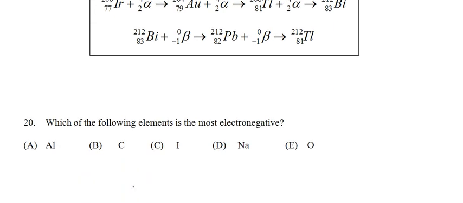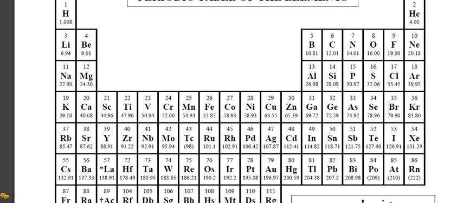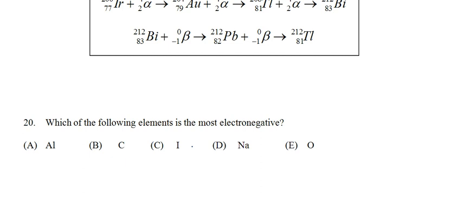Number 20. Which of the following elements is most electronegative? Looking at the trends for electronegativity, when we go to the right, the electronegativities increase. As you go down, they decrease. So we're looking for the farthest one that's up and to the right, and know that hydrogen has a value of 2.1.